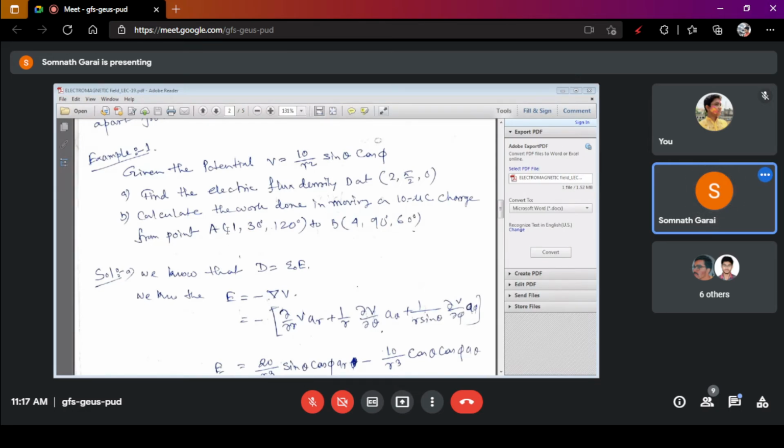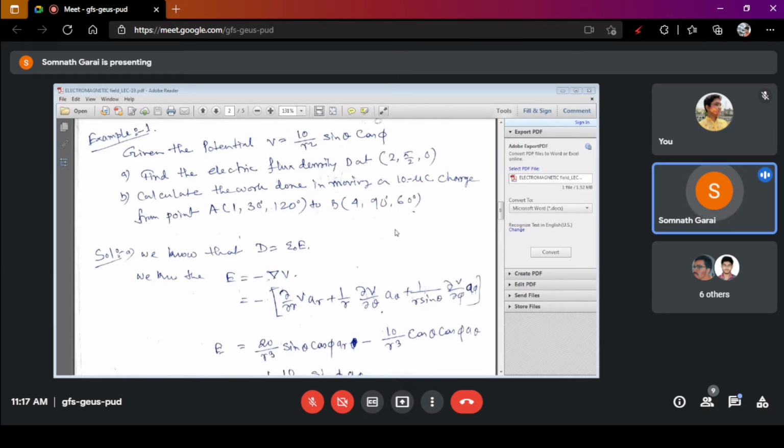Here A is r equal to 1, theta is equal to 30 degrees and phi is equal to 120 degrees. And B whose location is r equal to 4, theta is equal to 90 and phi is equal to 60. Right? Now, how do we approach this?